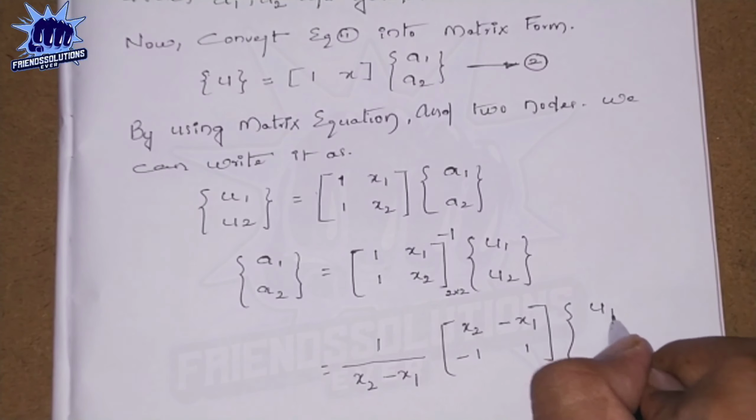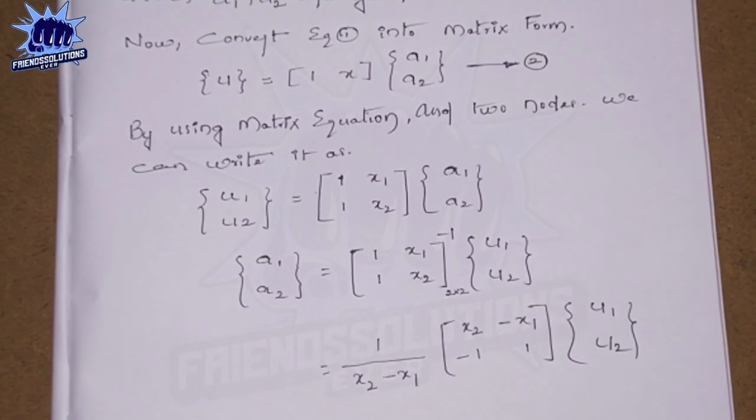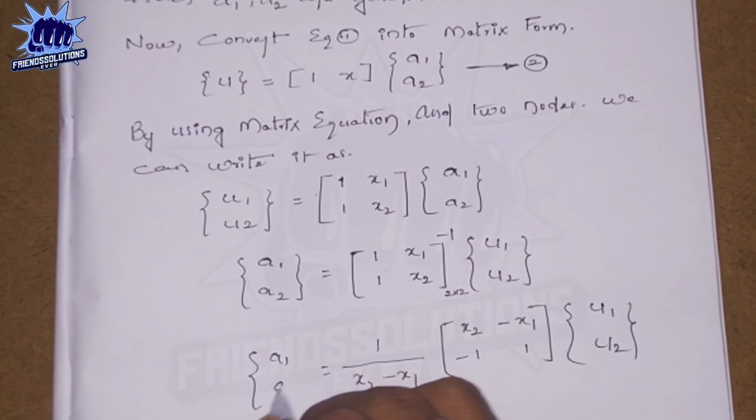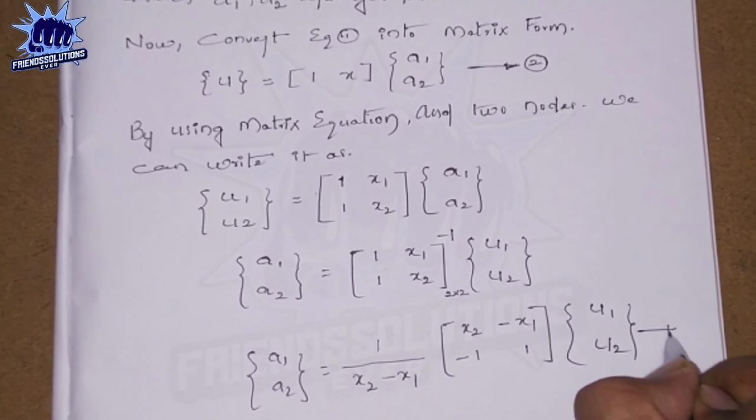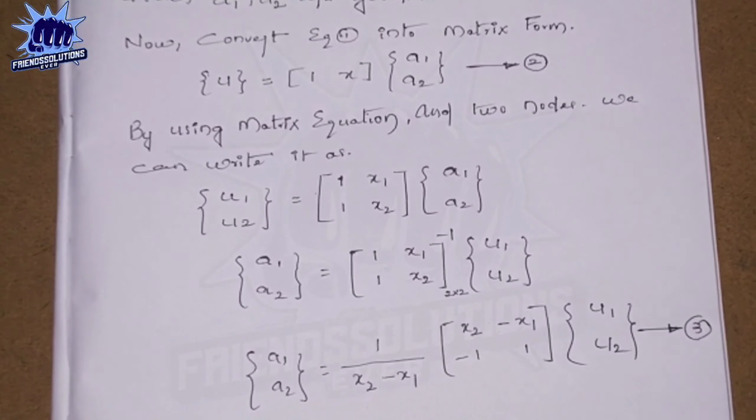Then u1, u2. This is the equation for a1 and a2. Consider this as the third equation.